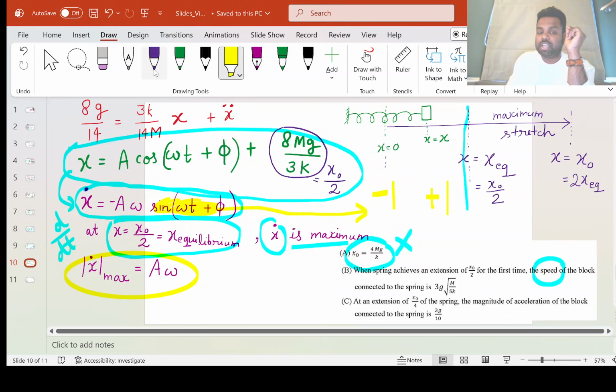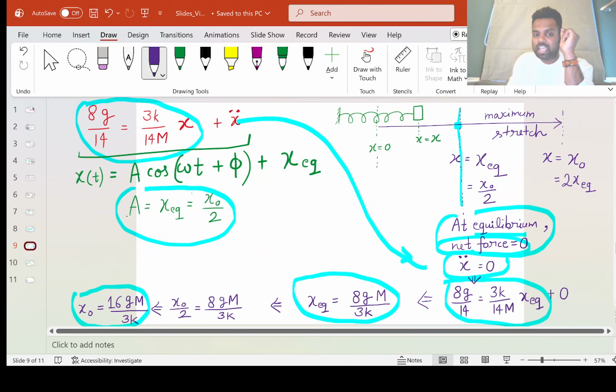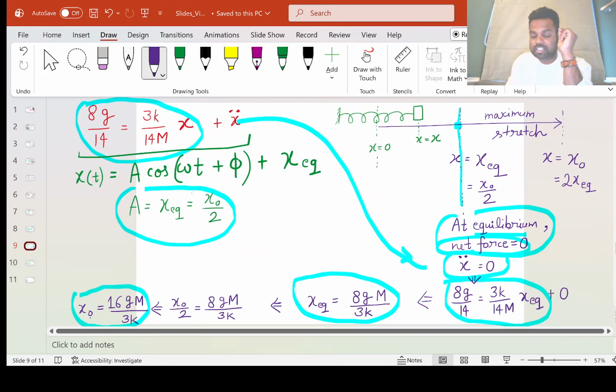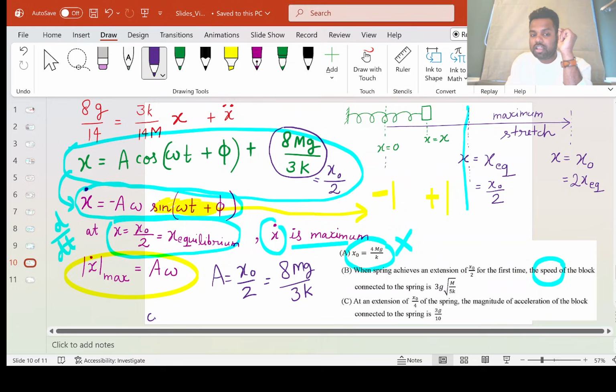So what is A omega? A is x naught by 2, and x naught by 2 is 8 mg by 3k. And what is omega? Omega will be the square root of this value here.